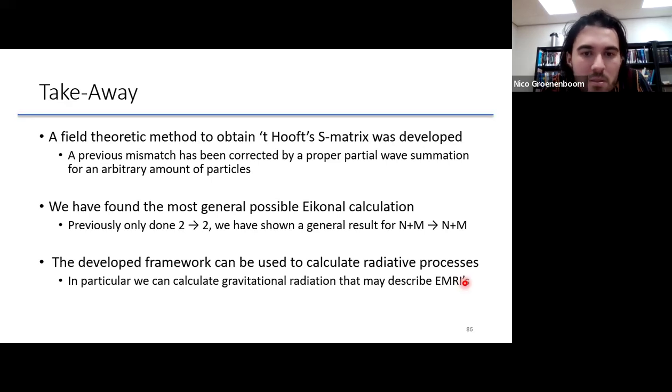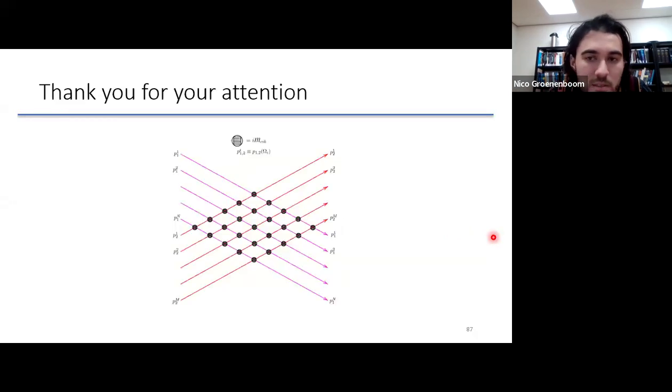And while developing all of these methods, we've also found the most general possible Eikonal calculation, because this has previously only been done for 2-to-2 particles, and we now have generalized this using this grid diagram to an arbitrary amount. And finally, hopefully in the near future, we've developed a framework that can be used to calculate radiative processes. And in particular, we can hopefully describe the gravitational radiation of EMRIs. And thank you for your attention.